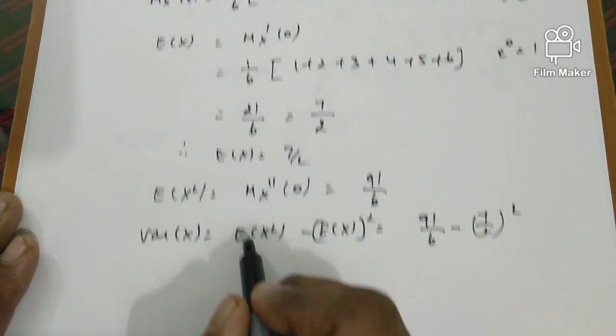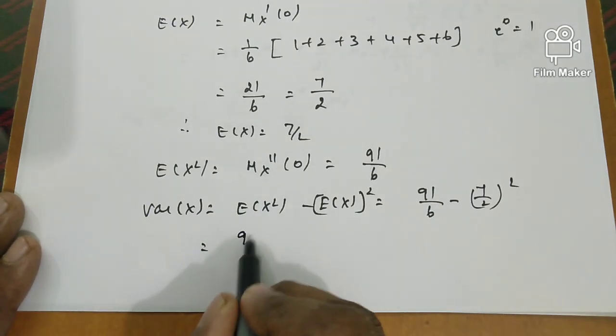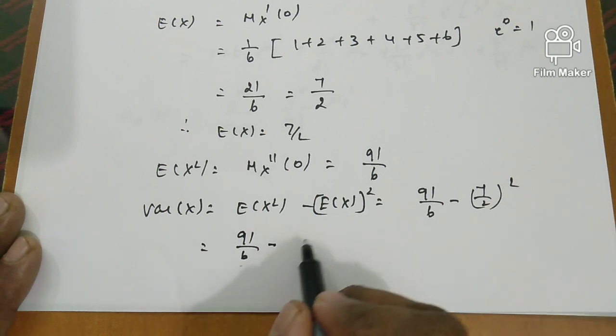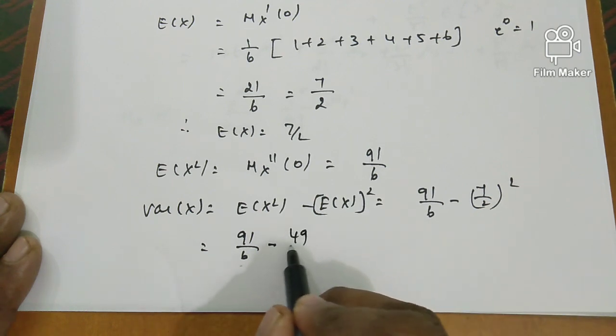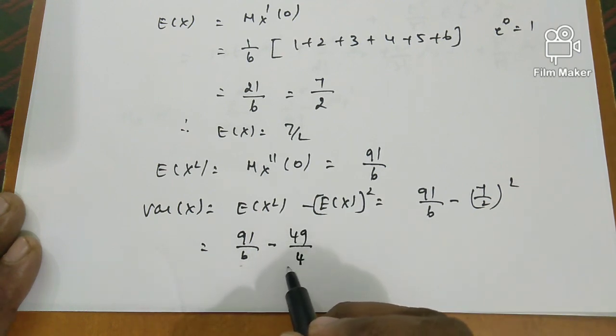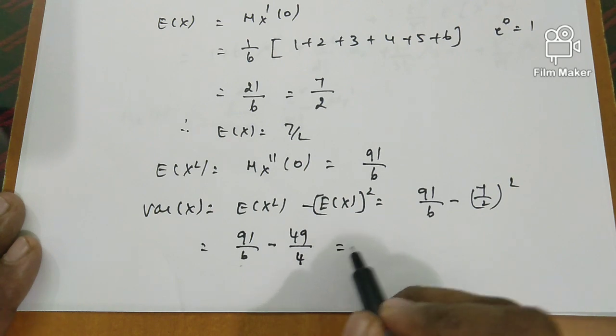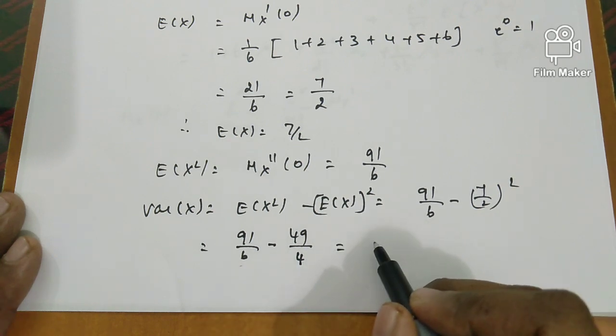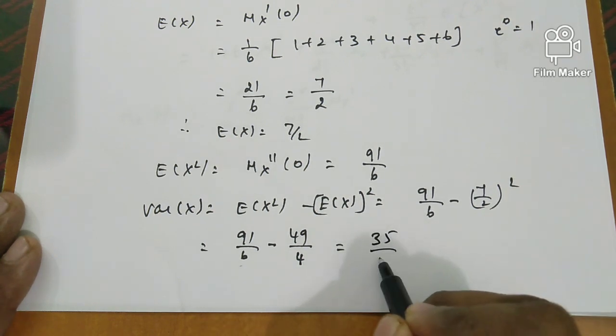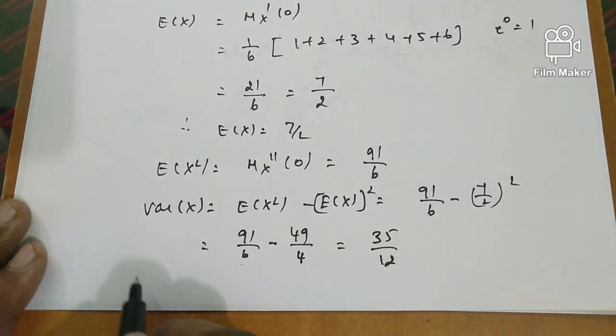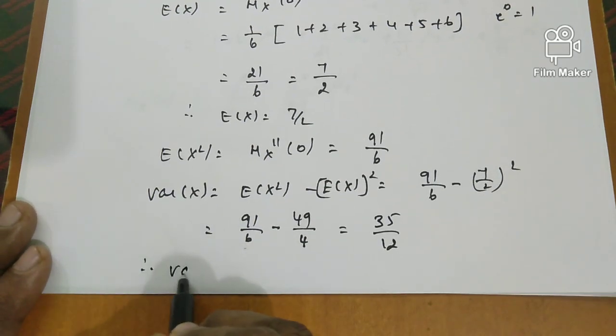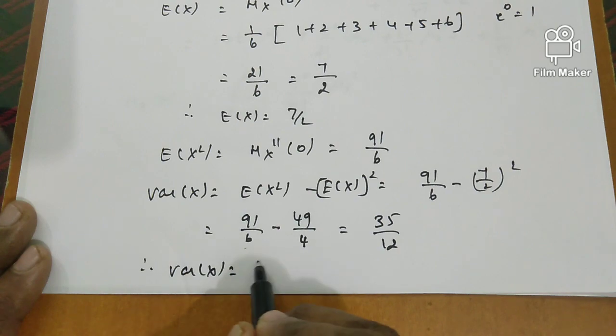So variance of x is equal to 91 by 6 minus 7 square, which is 49, divided by 4. When we take the LCM and simplify, we get the answer as 35 by 12. So the variance of x is equal to 35 by 12.